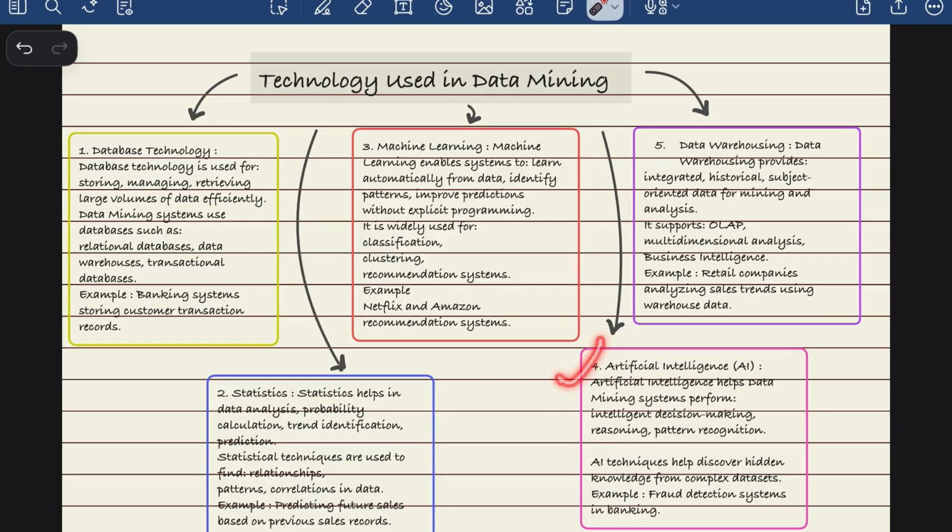Then we have the fourth pillar, that is artificial intelligence. So while machine learning focuses on data patterns, AI provides the overarching cognitive framework for intelligent reasoning. So what is happening, we are having a good level of high level automation over here to identify the patterns. So it allows a data mining system to act like human experts, such as an automated banking shield, which is instantly recognizing and freezing a complex credit card fraud, right?